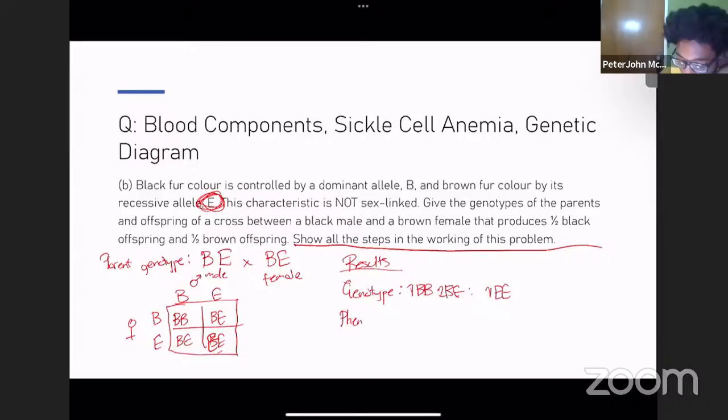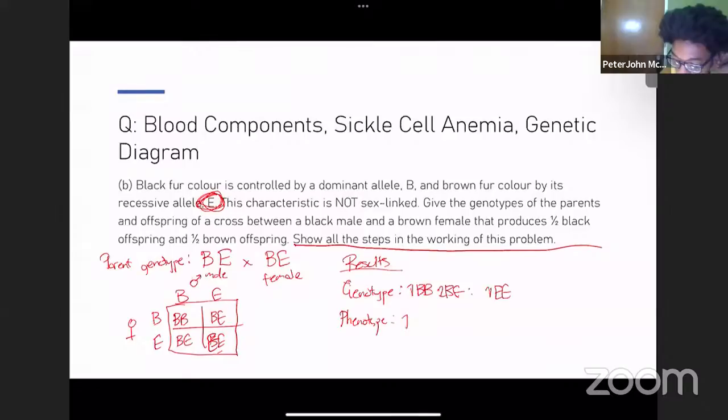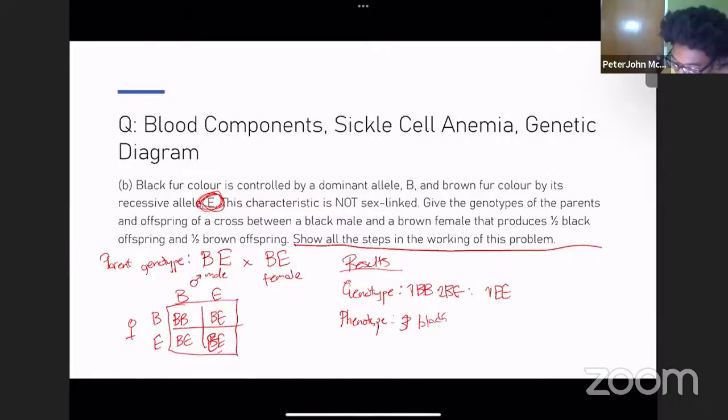What are the phenotypes? BB, black fur. BE, black fur. So three black fur. I heard somebody say three black, and one brown.